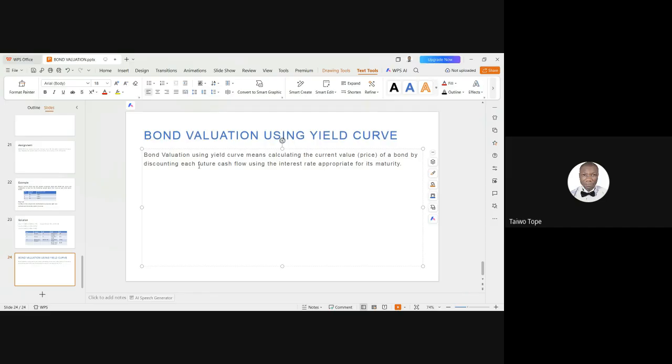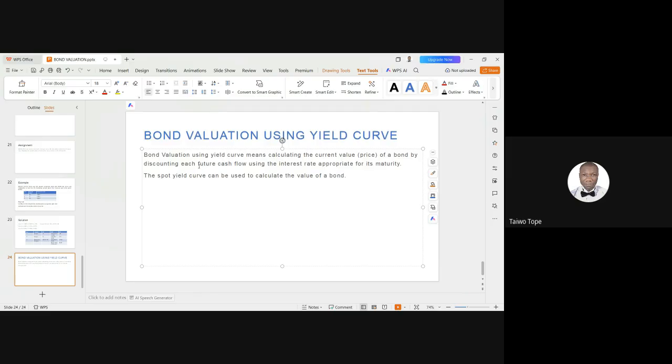So the spot yield curve can be used. When we're talking about the spot yield curve, we are talking about the R. So now the spot yield curve can be used to calculate the value of a bond.